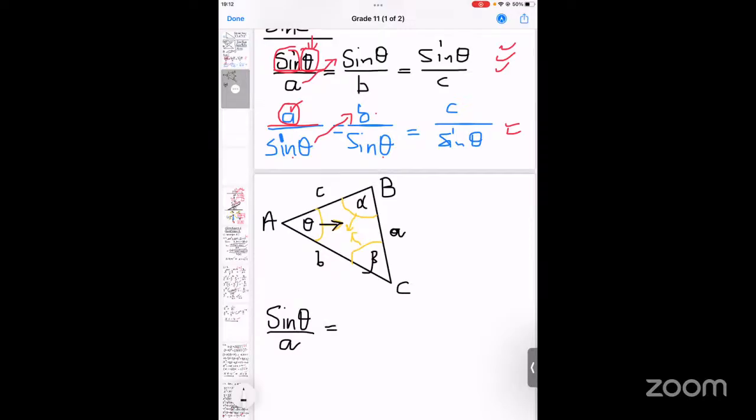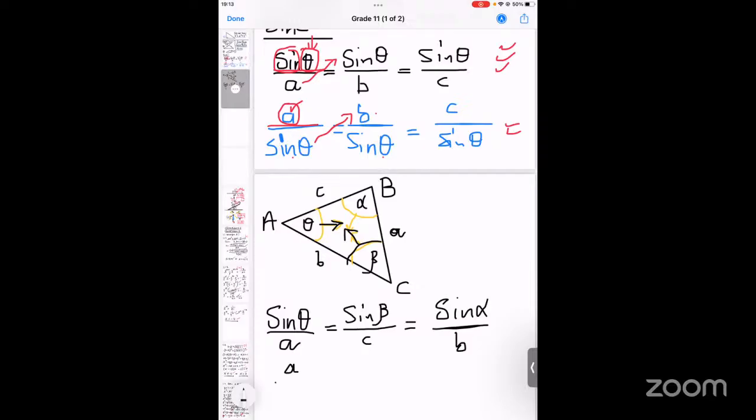If you're going to say this equals sine of angle C, what is angle C? It is beta. It therefore means you will have to divide by the side opposite that angle. Then you can still say this equals sine of angle B, which is alpha, therefore it must be over that.